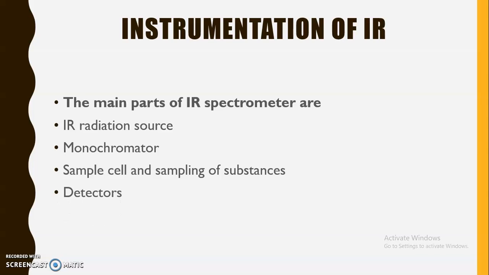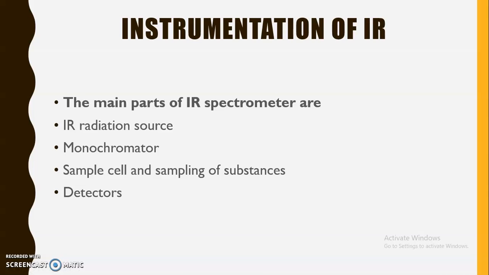And the last, the fourth important component of the IR spectrophotometer, is the detector. So these are the four important components or parts of the IR spectrophotometer. In detail, we are going to discuss these components individually also.